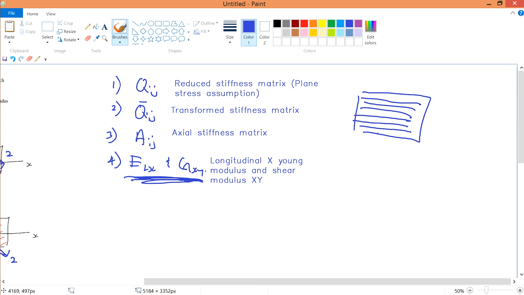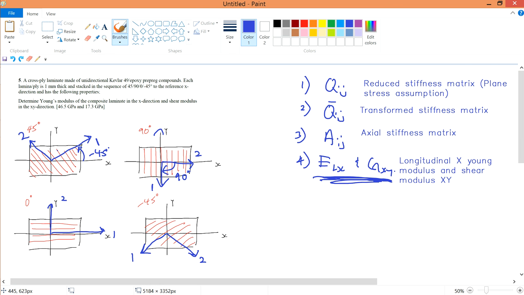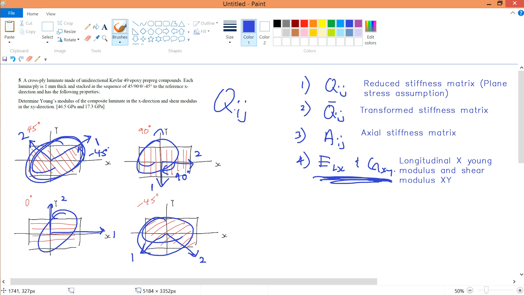That's all. Finished. In the next video, for the Qij transform, you're going to transform this. This is your fibers and the matrix, but because there is a certain transformation, where you have certain angles, each of them, for example this one, this one, this one, and this one, all 4 have the same stiffness matrix, Qij.